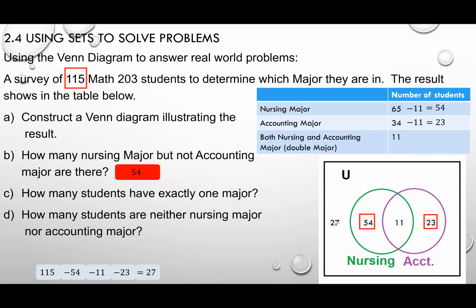All we know about this 27 is they are not nursing majors and they are not accounting majors. But exactly one, do you agree that 54 have exactly one and 23 have exactly one? We need to add those two numbers together to give us 77. There are 77 students who have exactly one major, okay?